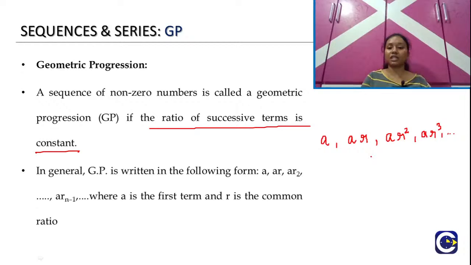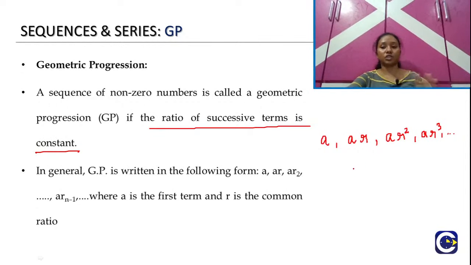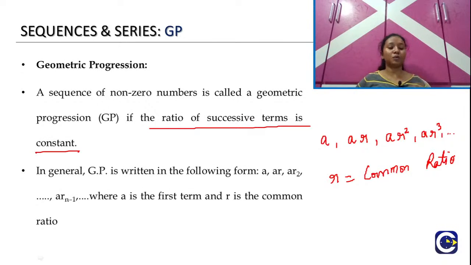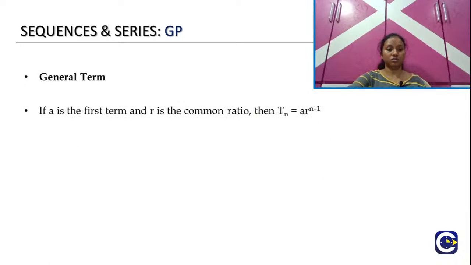Sometimes it can be represented with suffixes also: A, AR1, AR2, AR3 and so on, where R is the common ratio. In arithmetic progression we talk about D, the common difference, whereas in geometric progression we talk about R, the common ratio.